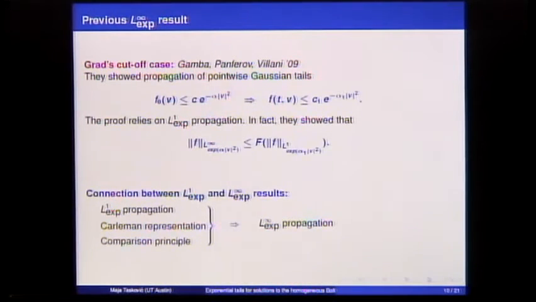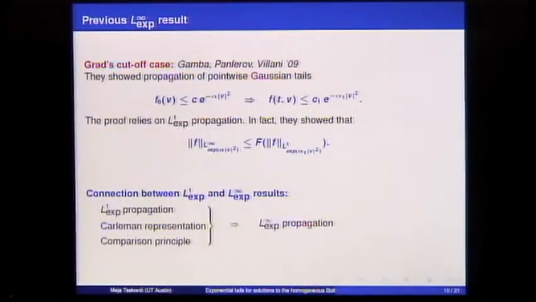Now about L infinity results. Essentially, there is just one paper, Gamba-Panferov-Villani, 2009. They show that if the initial data is pointwise below a Gaussian, then it's going to remain below maybe a slightly different Gaussian, because the rate can be different, uniformly in time. And you can actually learn quite a lot from their proof.